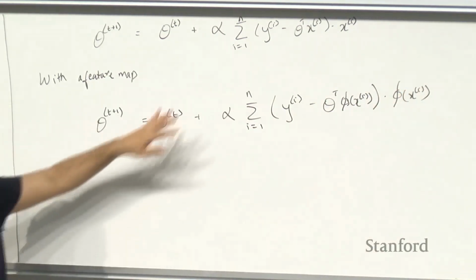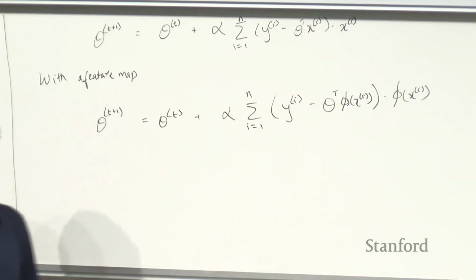Right? So we just replaced x with phi of x, and we are performing gradient descent on this feature map.